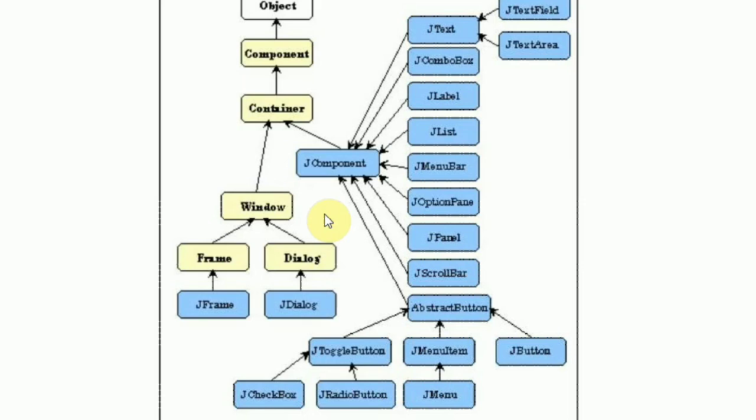So there are 2 panels, one outer panel and the other inner panel. Here the outer panel will act like a container, and the inner panel will act like a component. So we are saying that containers are themselves components, because they can be one inside the other. So this is the definition of container and components.